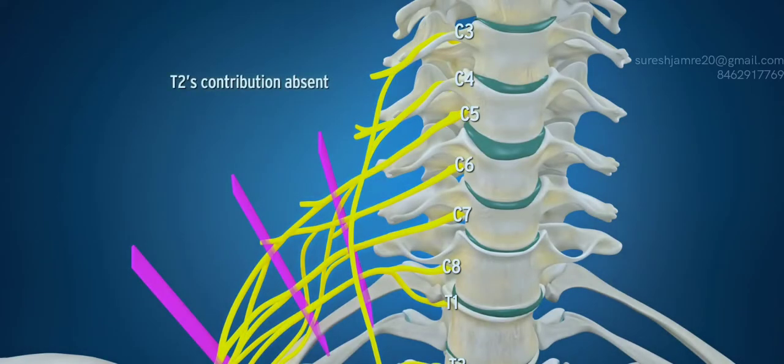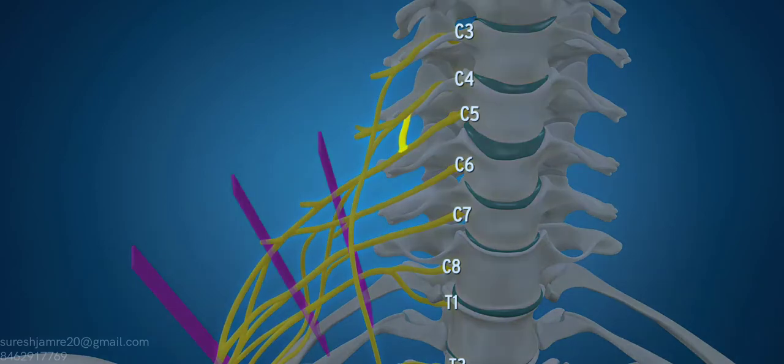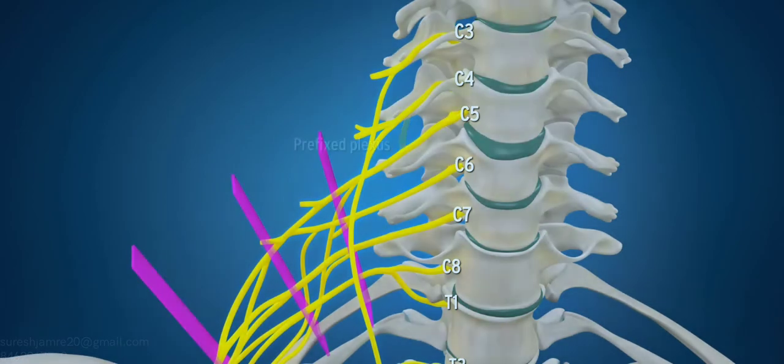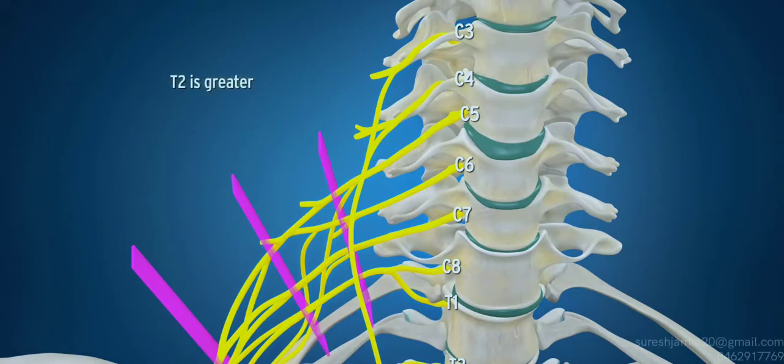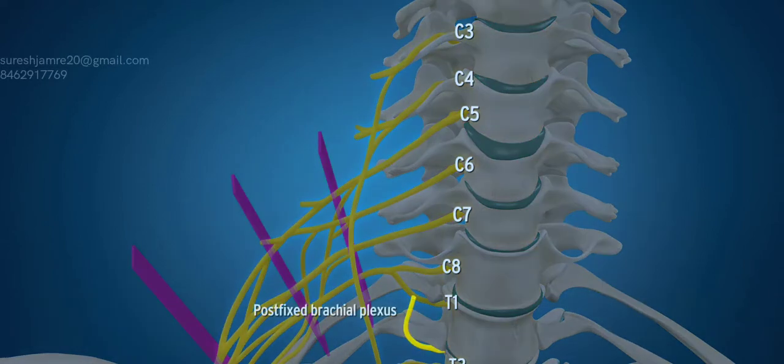T2's contribution is absent, and there is a minimal contribution by T1. This brachial plexus is called a prefixed plexus. Similarly, in case the contribution by T2 is greater, C4 is absent, and the contribution of C5 is lesser, it is called a post-fixed brachial plexus.